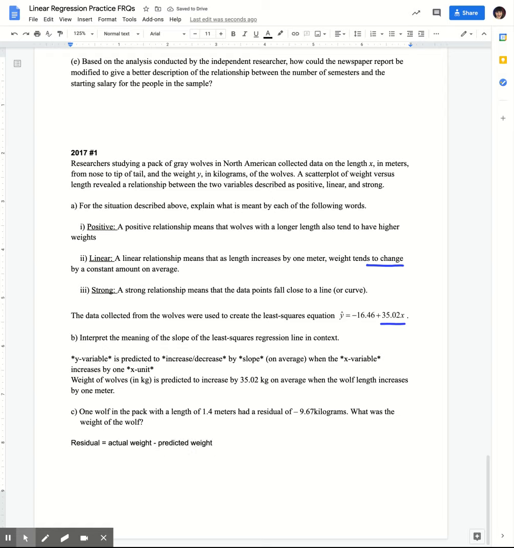Okay, so if I plug that information in, I know the residual and I know the length, but I don't know the weight. So what we have to do is plug the length that we're given into the least squares regression line in order to get the predicted weight. Okay, so that's what I'm going to do.